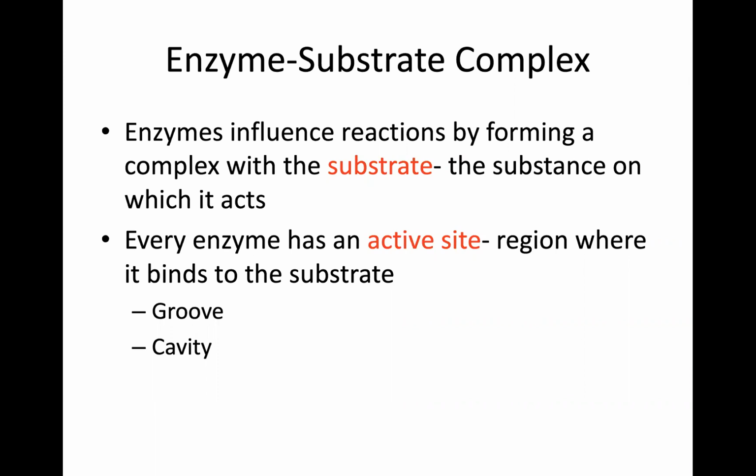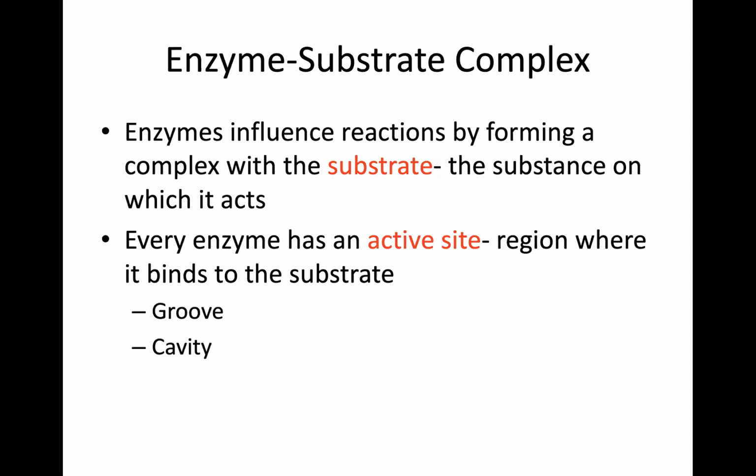And the place where this enzyme interacts with the substrate is called the active site. So think of it kind of like a lock and a key, or puzzle pieces fitting together. The active site is the region where the enzyme binds to the substrate.